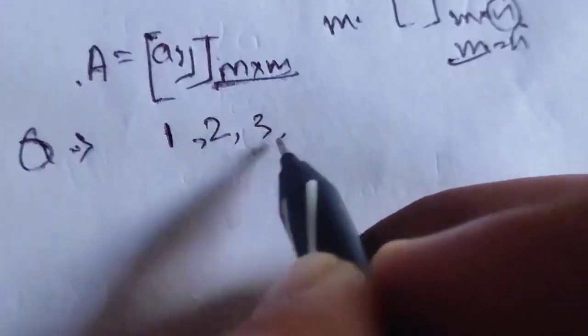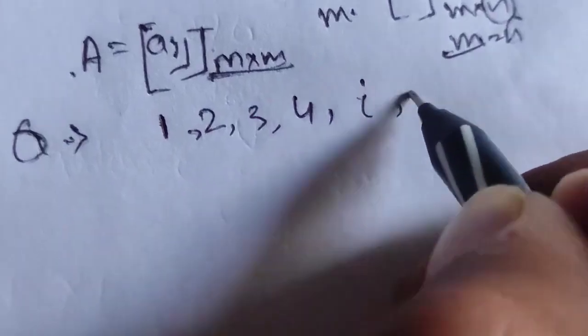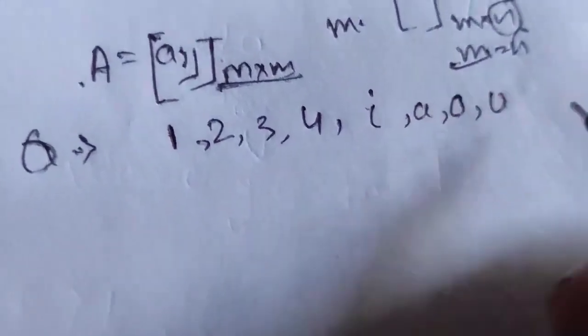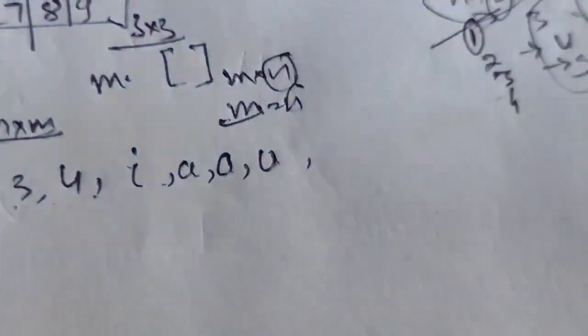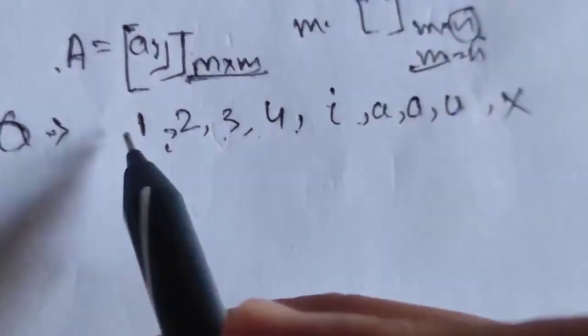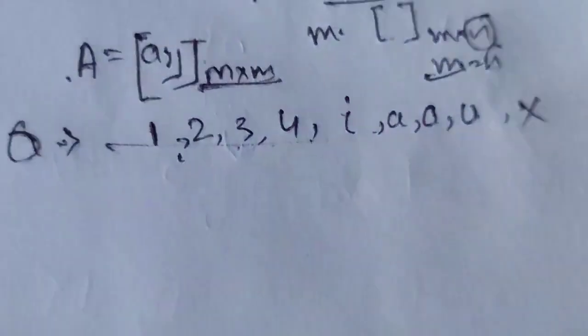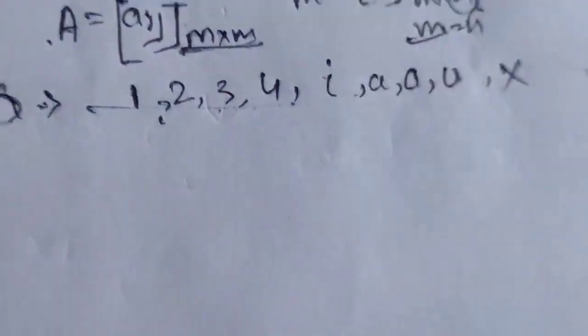For example, this is our question: say 1 2 3 4, and say A I O U, and 1 2 3 4 5 6 7 8, and let's suppose X. Maybe this was an example of it. Now, these are random items from mathematics or algebra.